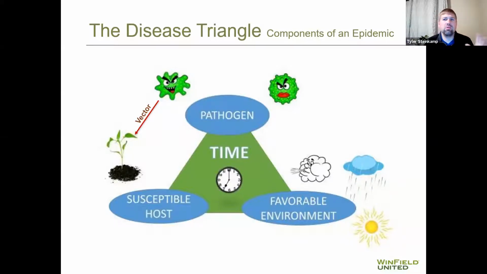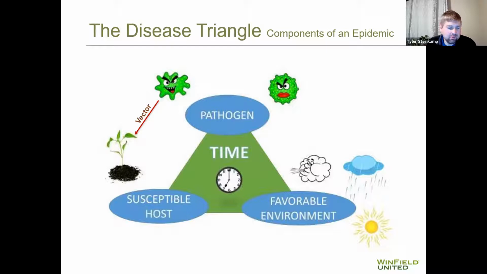It's such a simple concept, but it describes the entire interaction that the corn plant or the bean plant has to have in order to get a disease. Realistically, the size of the triangle is how much of the disease that we're going to see in a particular year. So you have to have the pathogen, you have to have a favorable environment, and you have to have a susceptible host.